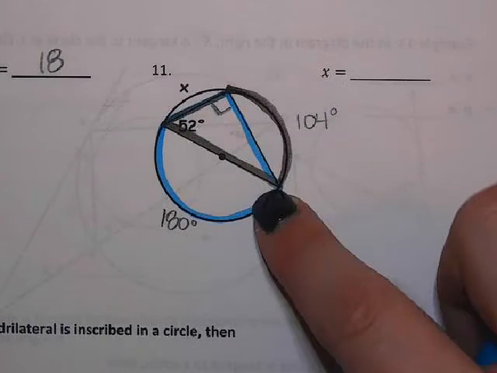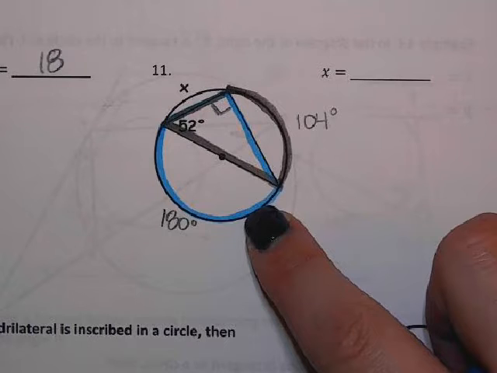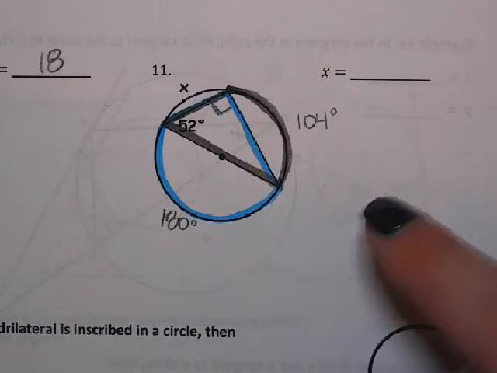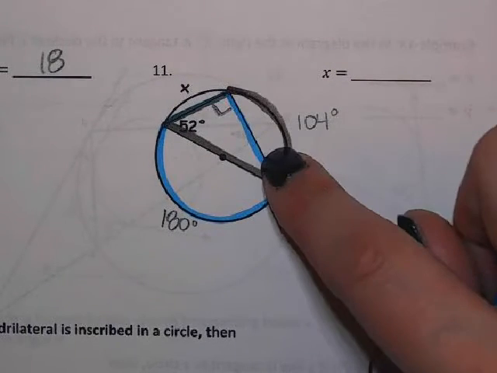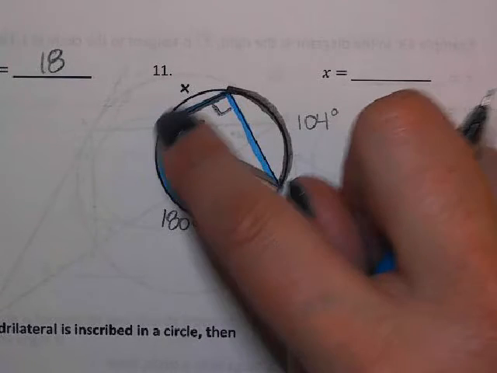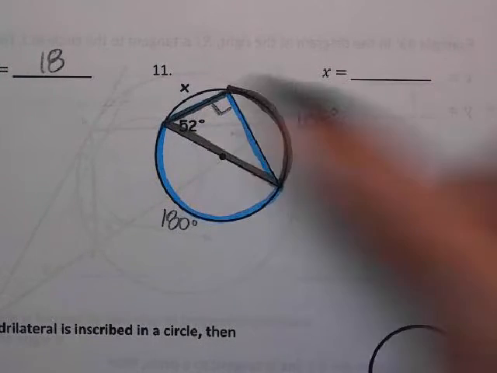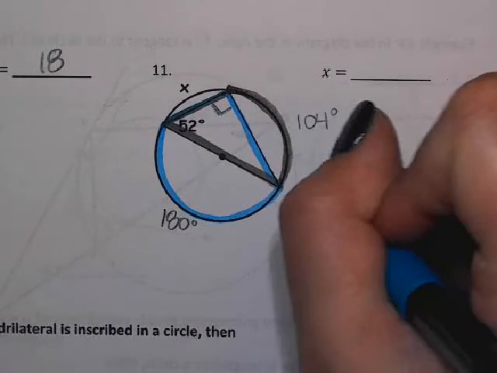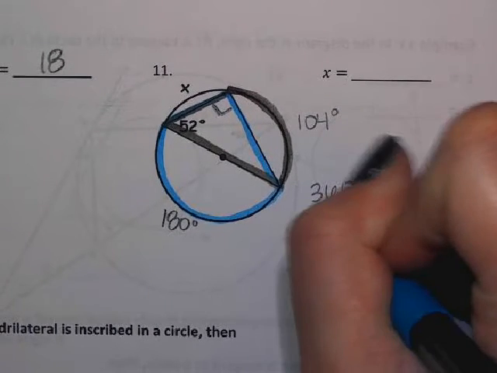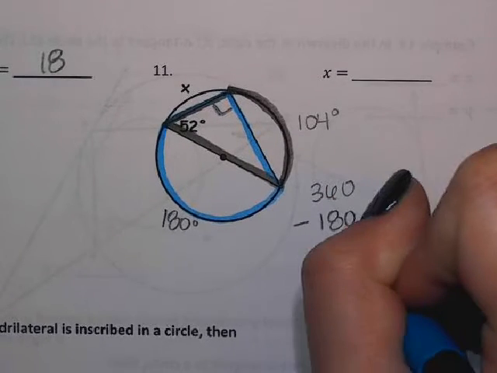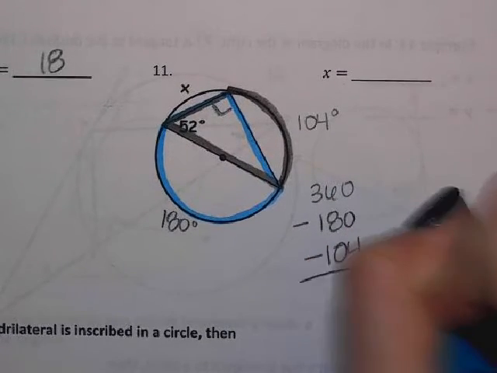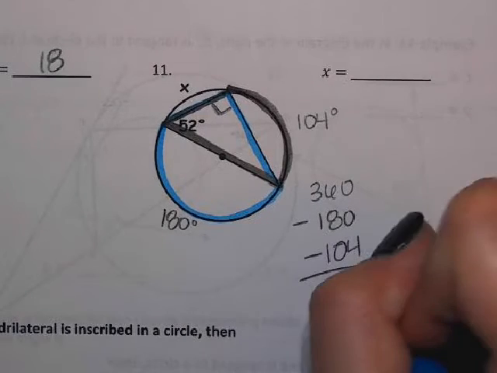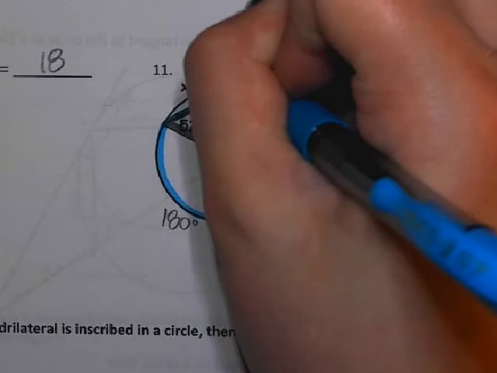A full circle is 360 degrees. So this arc, this arc, and this little arc that is left have to add up to a full circle. So 360, take away 180, take away 104, what do we get? 76. And so the arc that's left over is 76.